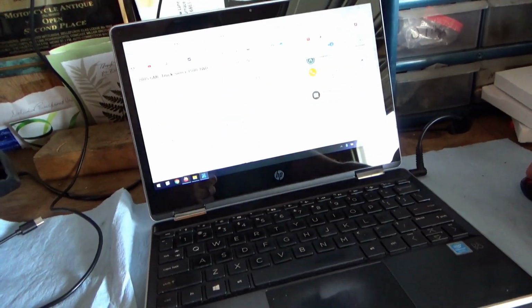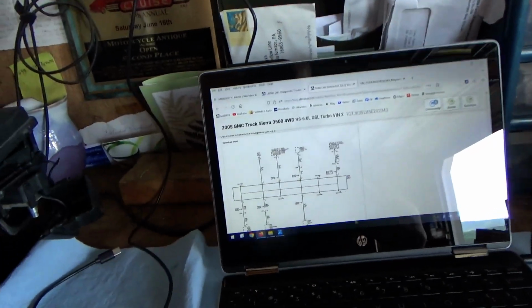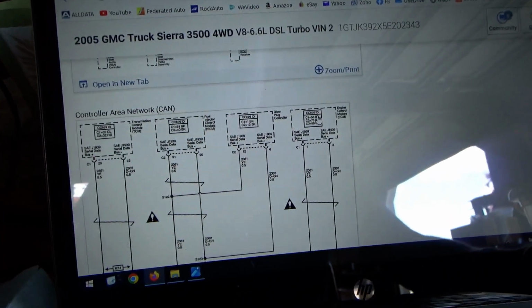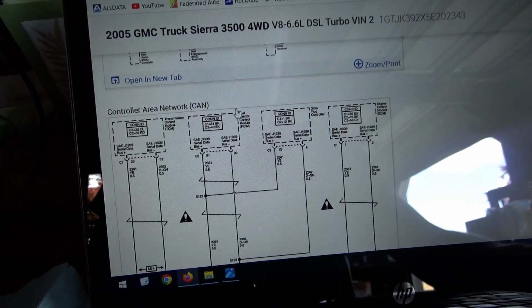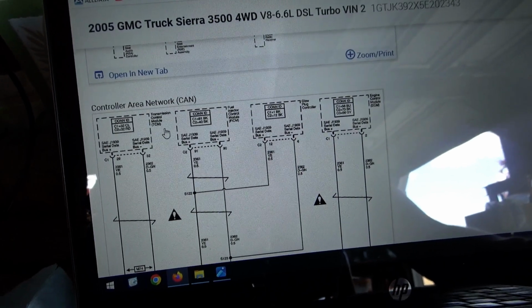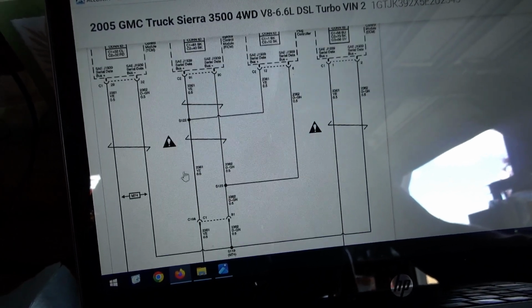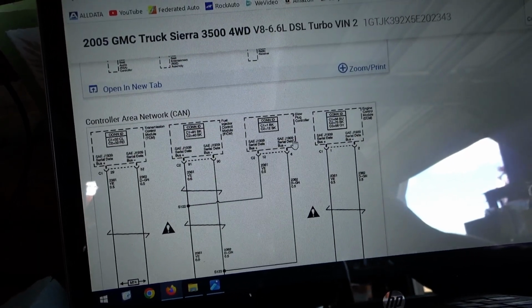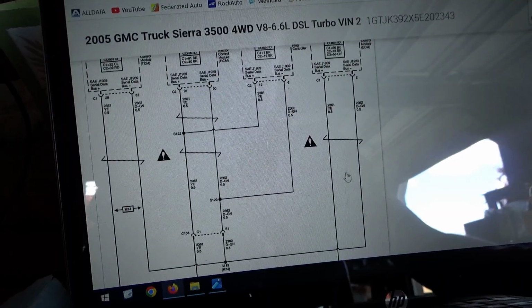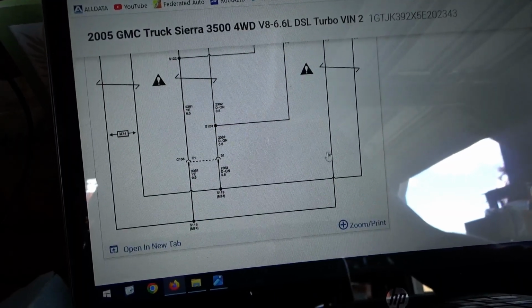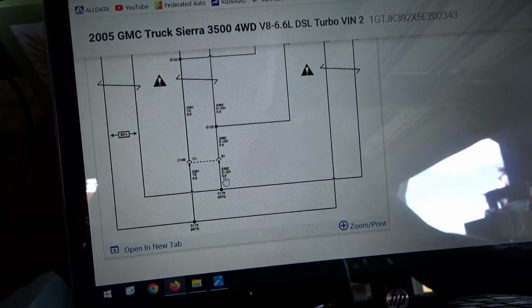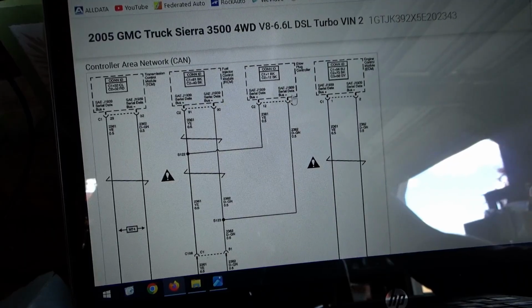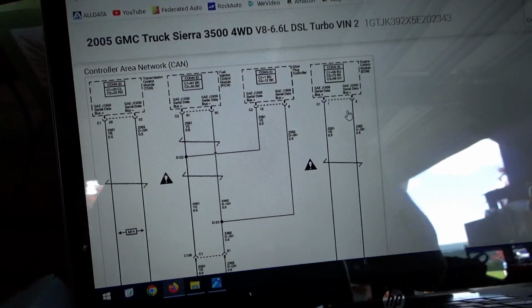Let's keep scrolling here in the wiring diagrams. And we have this controller area network, CAN. Transmission control module, fuel injector control module, glow plug controller, and ECM. So this is a 2-wire network now with 4 drivetrain modules tied together.